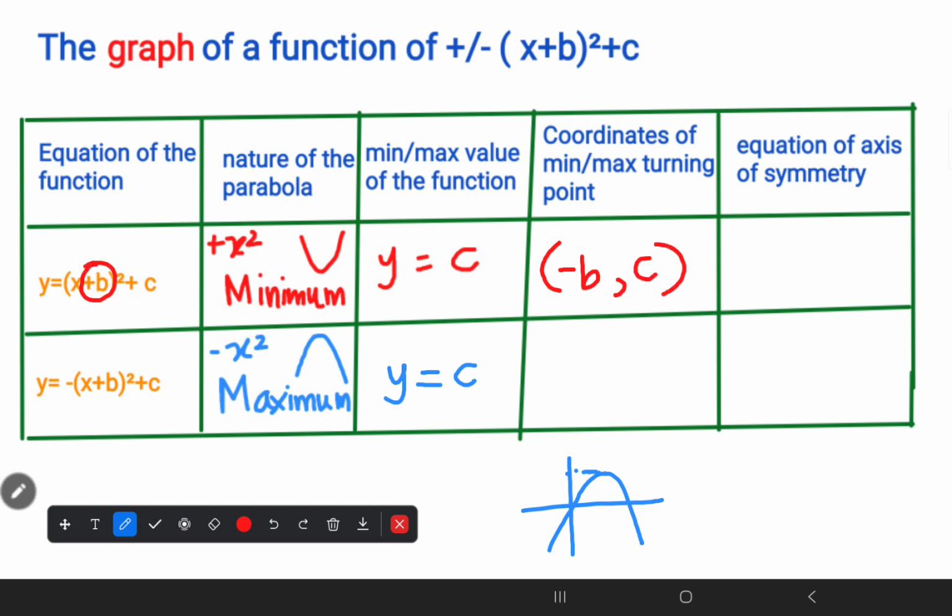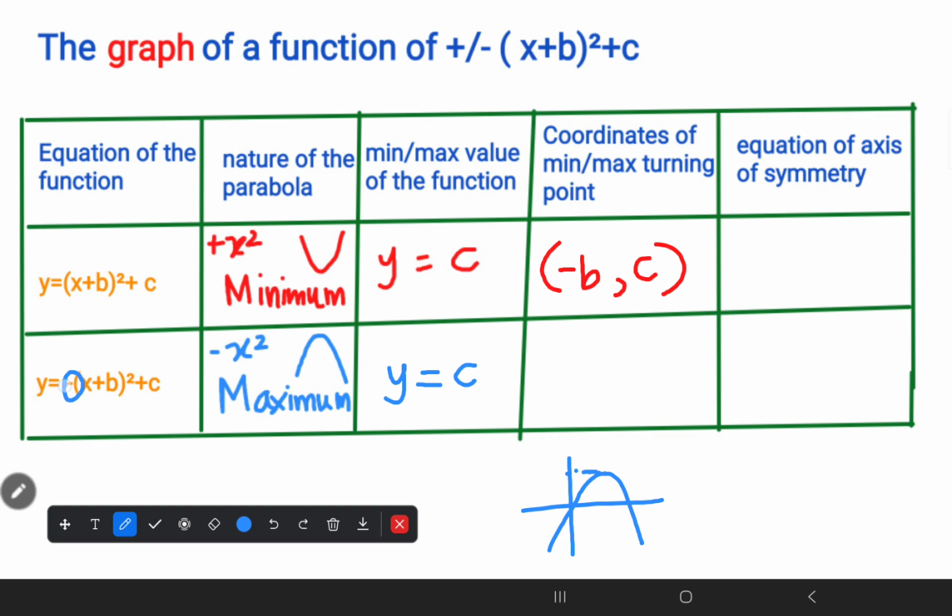Inside the (x plus a particular value) square, you are having its positive value. But while you are writing that as a coordinate, it should be the negative of that value, comma c. Either c can be positive or negative. It doesn't matter. But if you have a number here, you have to make it opposite in sign while writing the coordinate. For the next one also, it is the same.